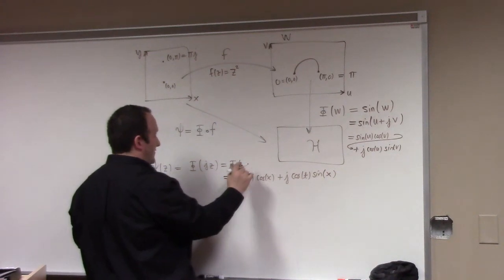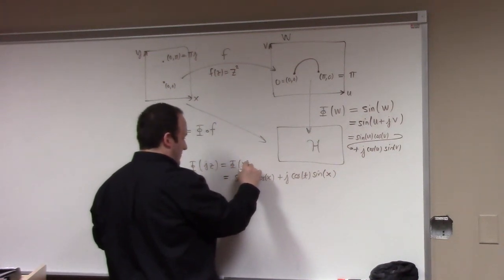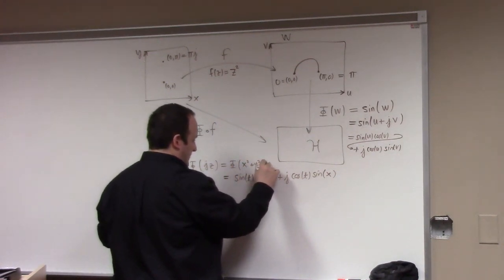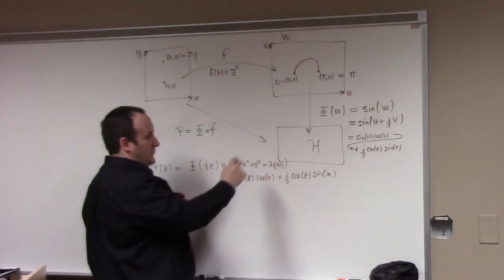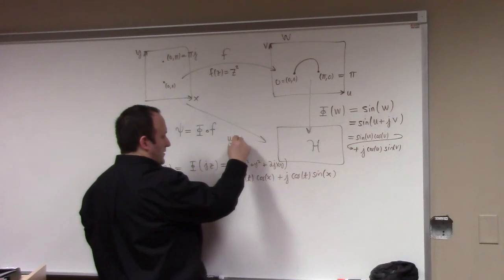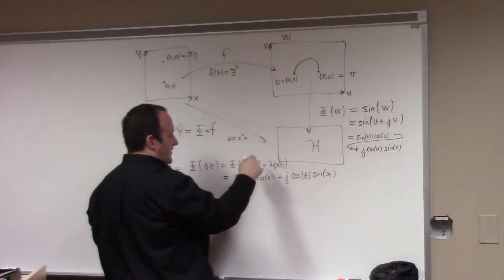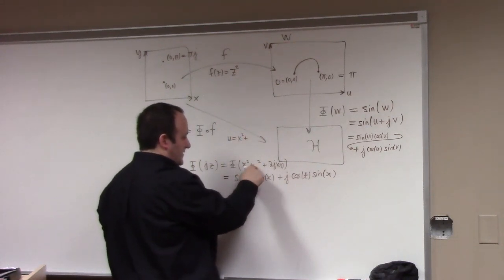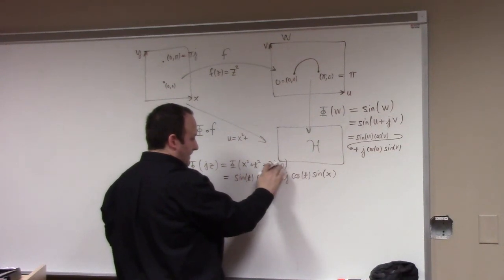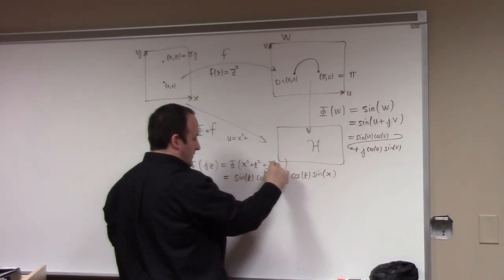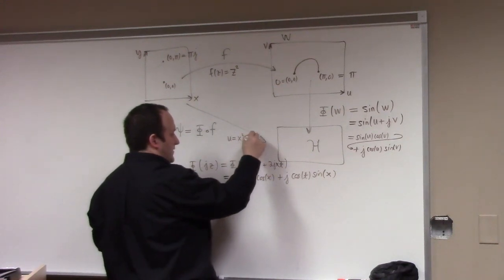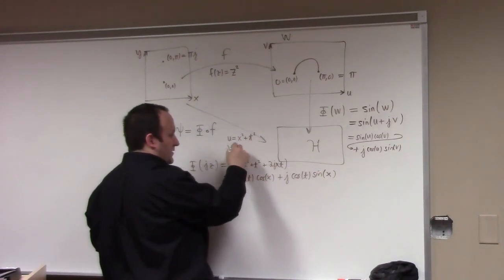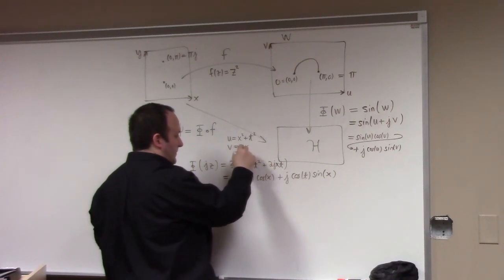We have x squared plus y squared plus 2jxy. In other words, we have u equal to x squared plus t squared, since y is t, and my v, quote unquote, is 2xt.